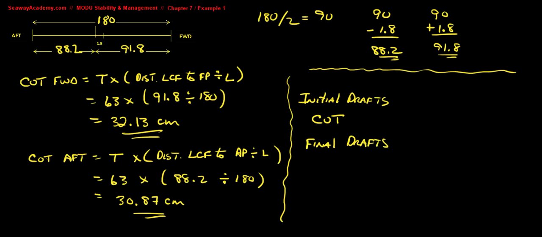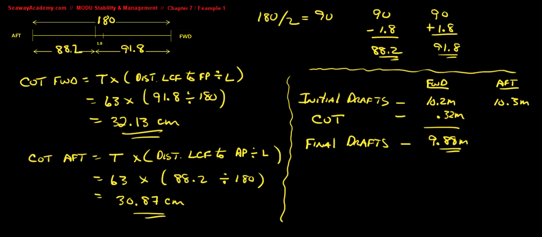So in the forward end, our initial draft was 10.2 meters. When we calculated our change of trim, our answers were in centimeters, so we have to convert those to meters. So our change of trim forward is minus 0.32 meters. So that gives us a final draft forward of 9.88 meters.